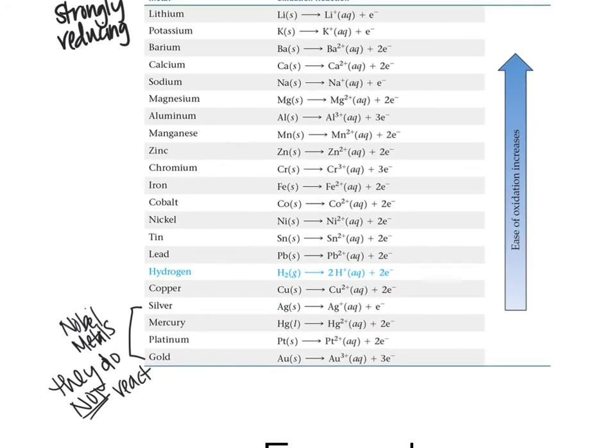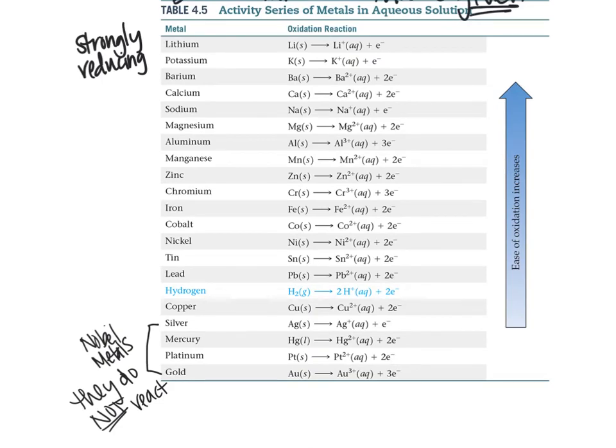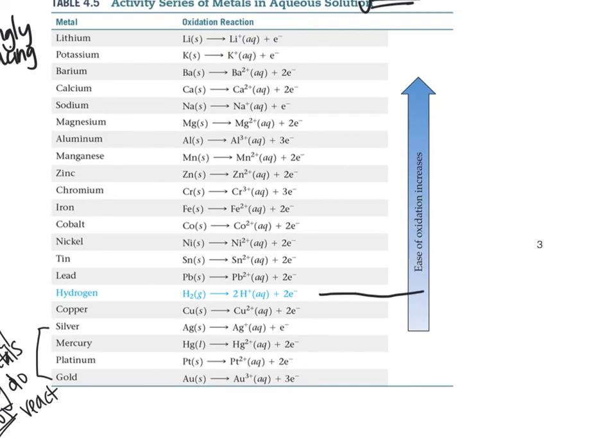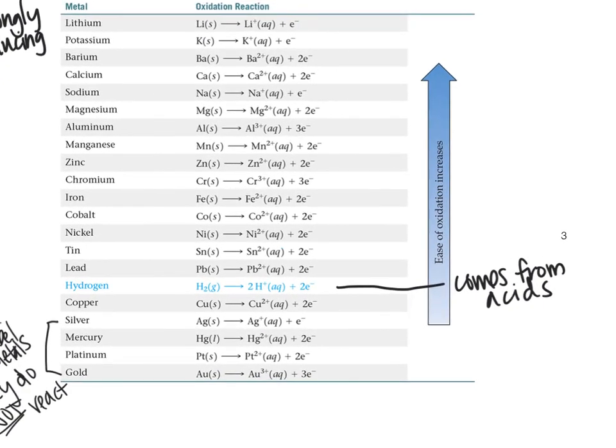The other thing that's interesting to interact with is hydrogen, which here comes from acids and bases. When you interact with a metal, it's going to give off H2. So it's going to bubble.